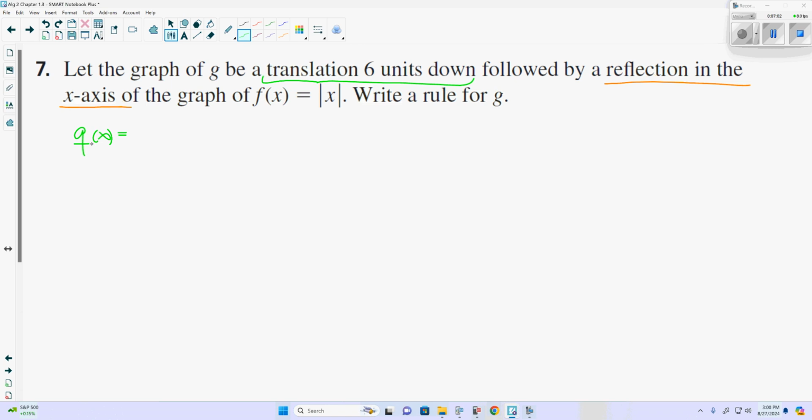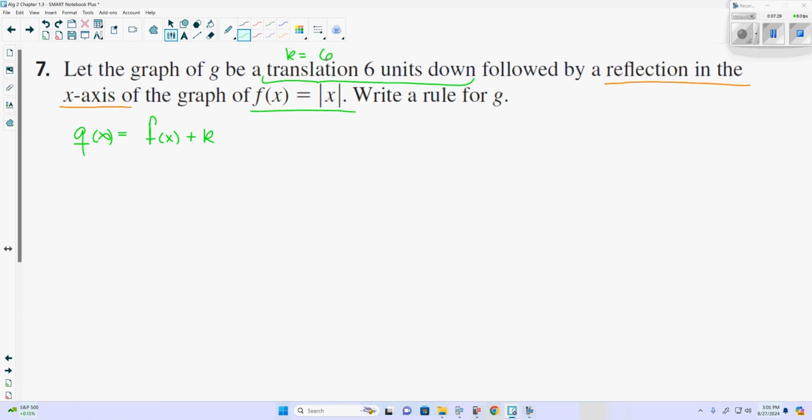Now, our translation of 6 units down is being applied to f of x. So our vertical translation would be the function we're applying it to, in this case f of x, plus our k. Now our k value is going to be the amount that we move it up or down, which is 6.